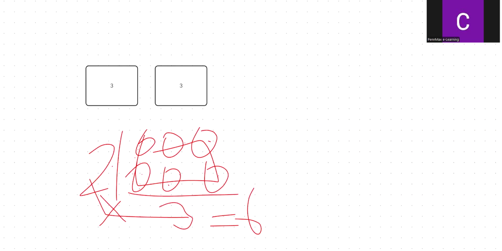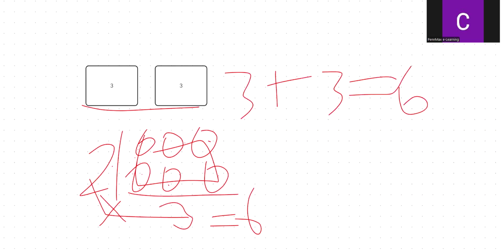Even for this step, you have to just do 3 plus 3 equals 6, which is faster in order to be in multiplication. But 3 times 2 is better, because once you go to the advanced grades, you have to know this and this.